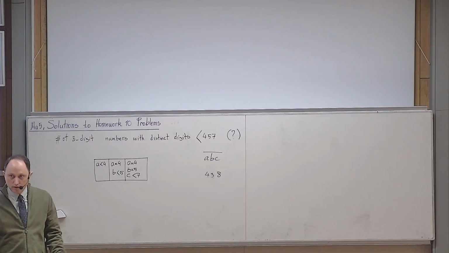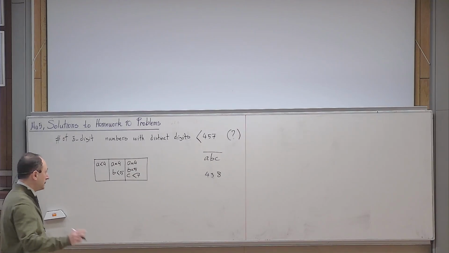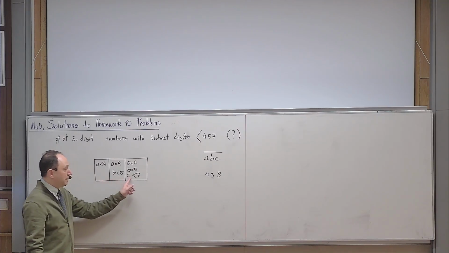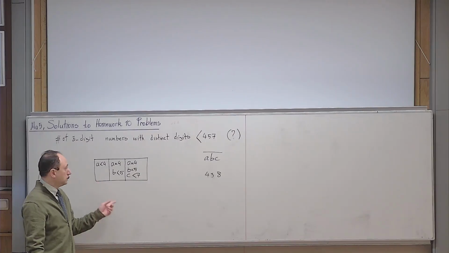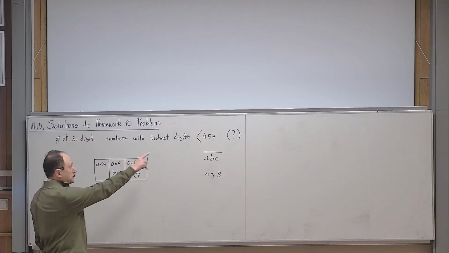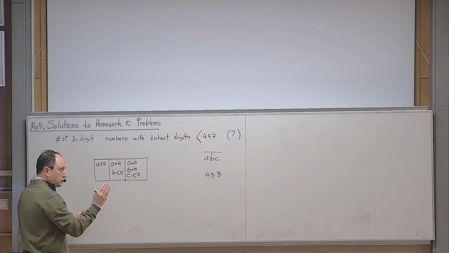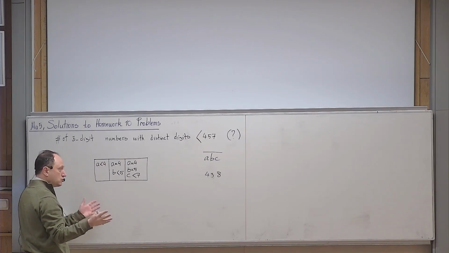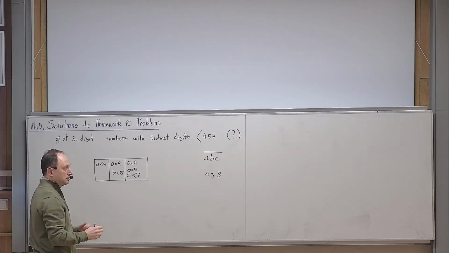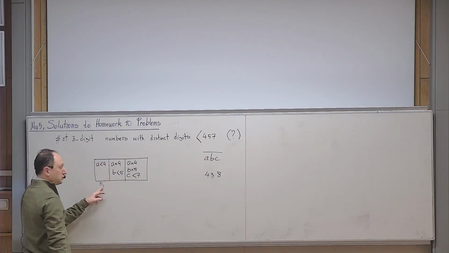Is there any other options available? Is there any other scenarios? No, these are the only ones. But again, is there any overlap between these parts? No, there is no overlap. So it means that the numbers that I am looking for can be categorized into 3 mutually disjoint parts. So if I know how many of them are here, let me call it N1.